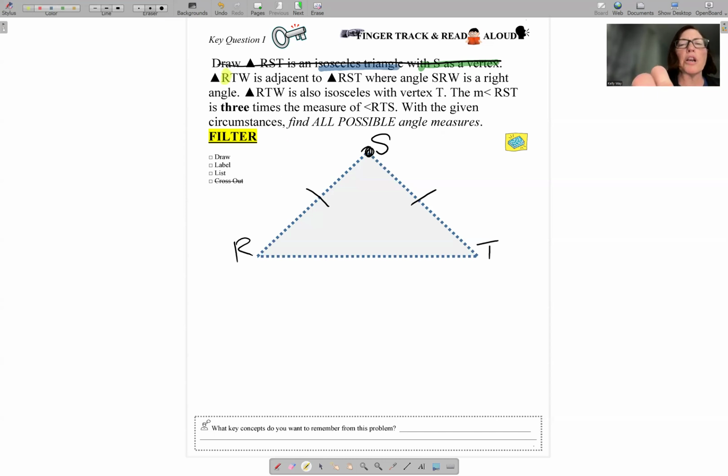R is shared and T is shared. That means RT is the shared side between two other triangles.